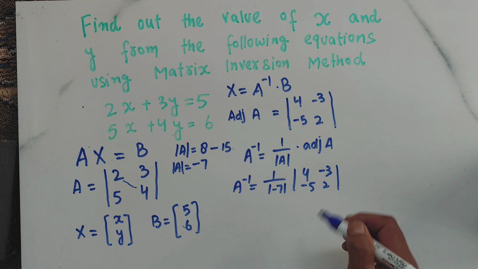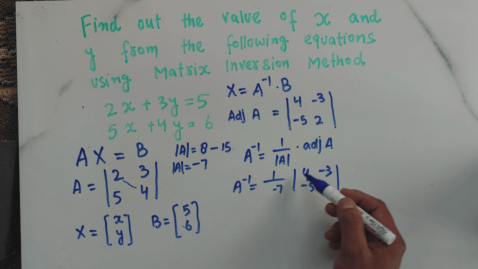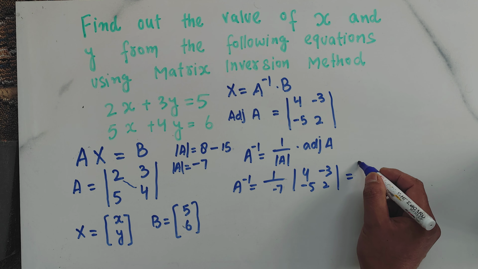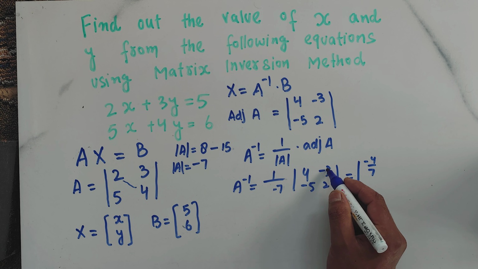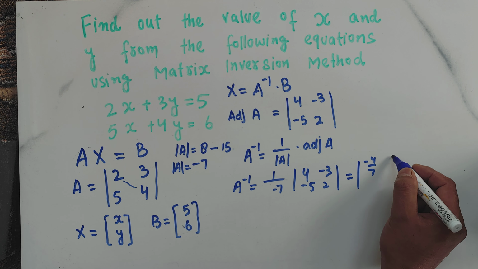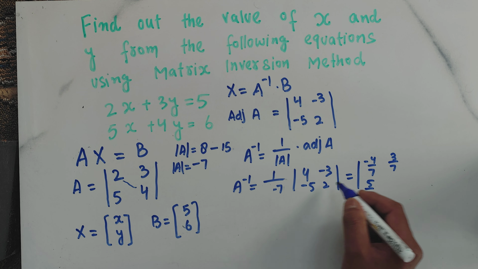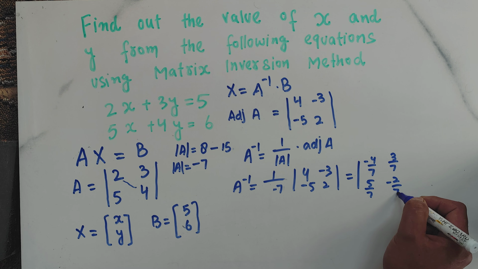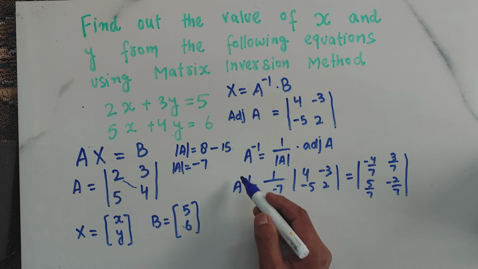Solving it, we divide each of these terms by -7. So we get -4 upon 7 here, negative into negative is positive so we get 3 upon 7, here we get 5 upon 7, and here we get -2 upon 7. So this is our A inverse.